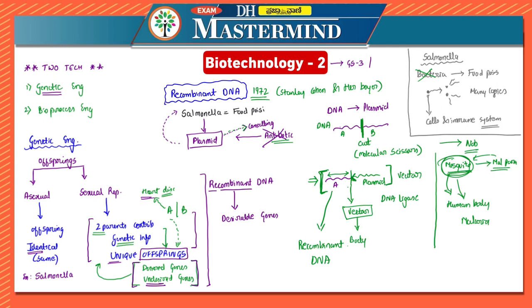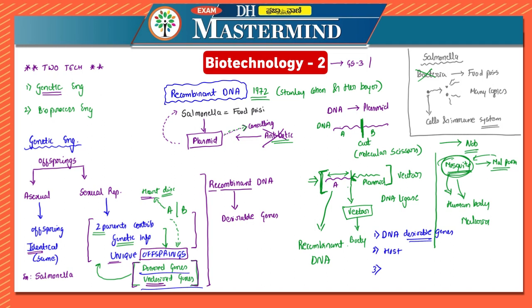Various steps, and that can be understood in three parts, which you have studied now. First one is, we have to identify the DNA which is desirable, which is having desirable genes. Here we have seen that there are desirable and undesired genes, right? So we have to identify which are desired genes, and then they have to be introduced into the host.